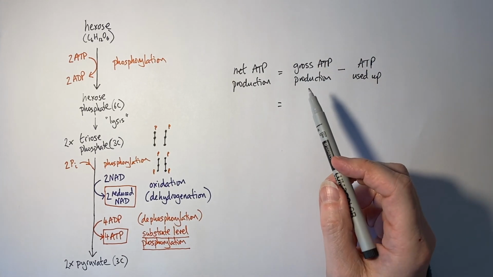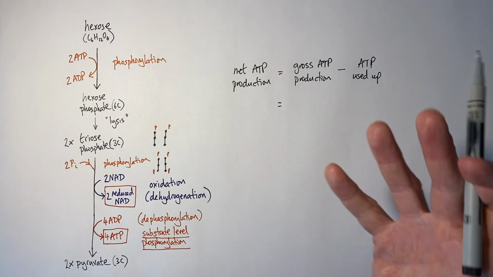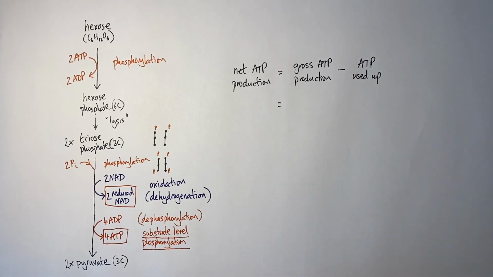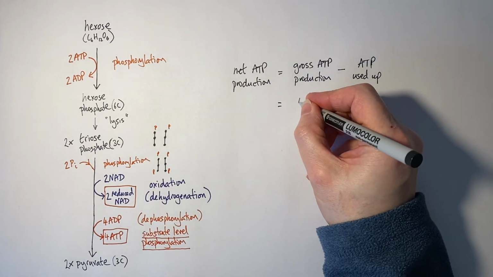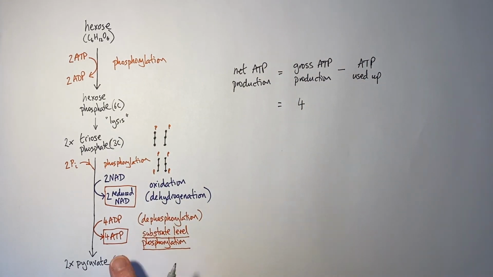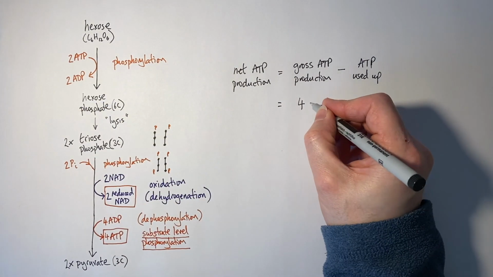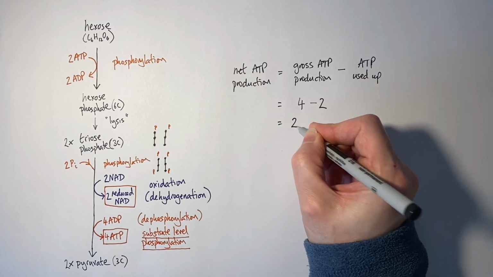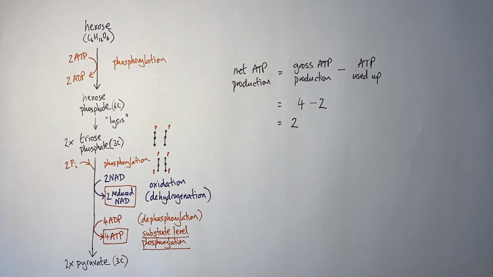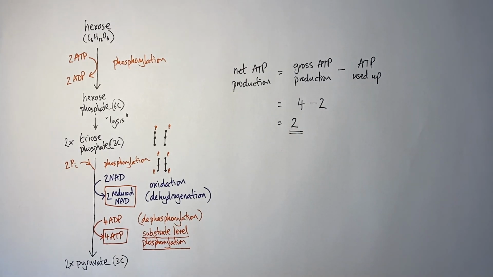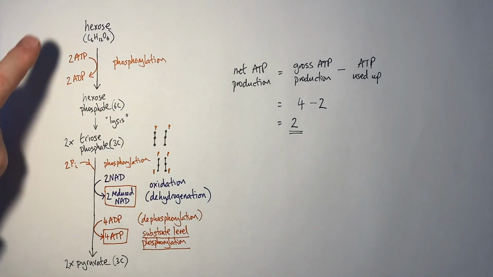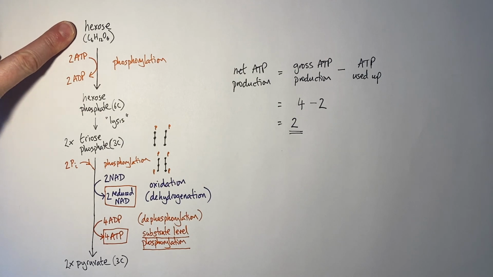How many ATP molecules are being produced in total. So we've got some being used up there, but here we've got 4 at the bottom. How many ATP molecules are being used up? 2. Which means that the net ATP production is 2. The overall production of ATP in glycolysis from one hexose or glucose molecule is 2.